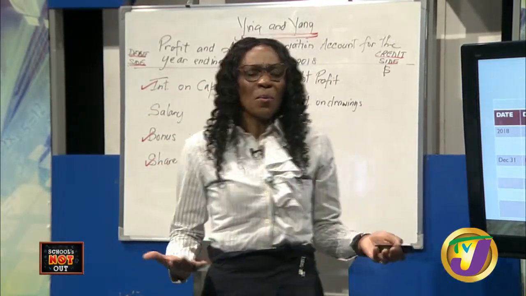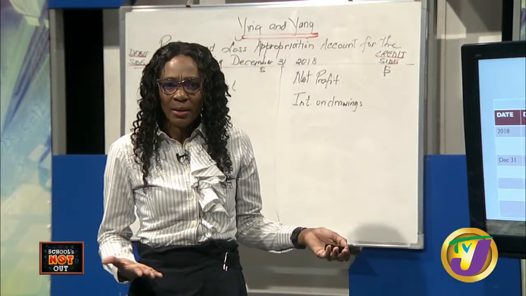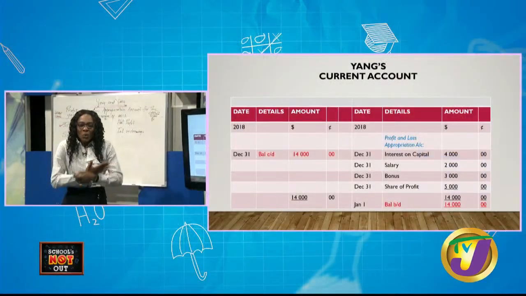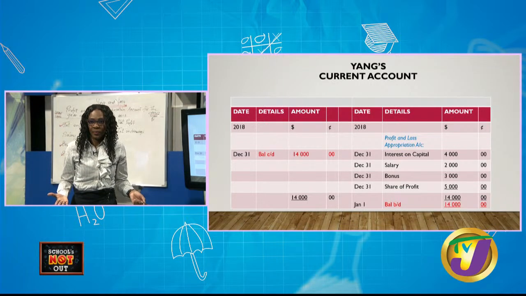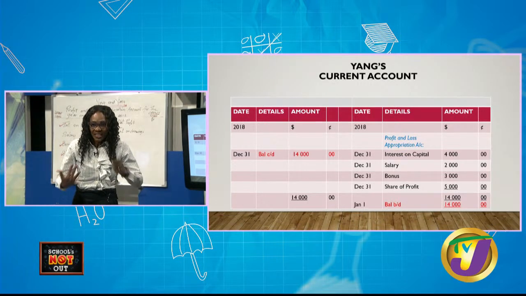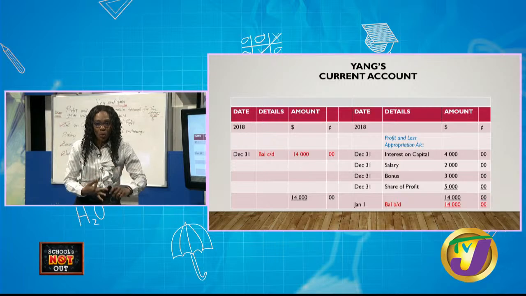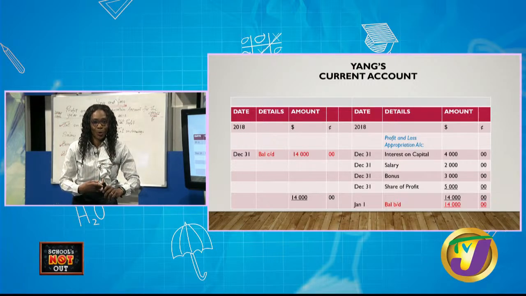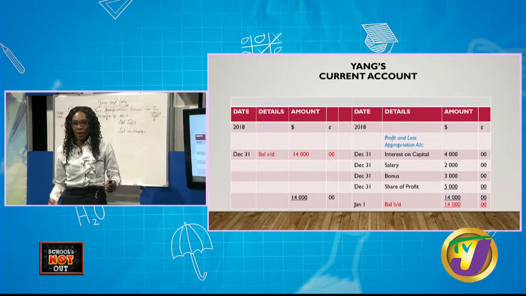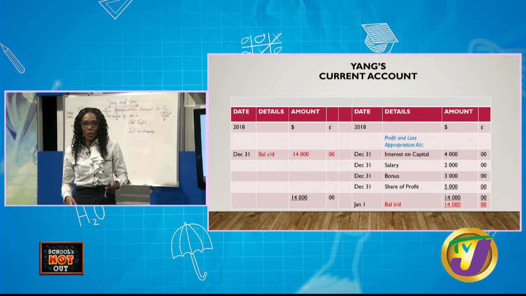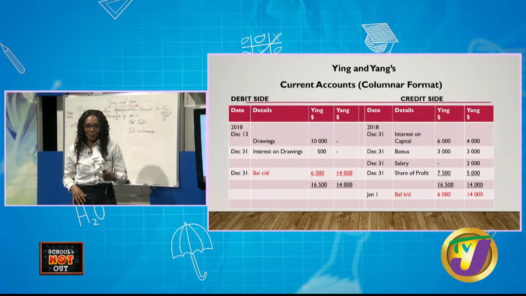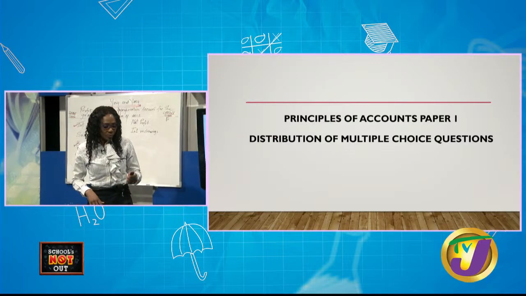Can you see it even more clearly in the case of Yang? Yang didn't take out anything. We now owe Yang his interest on capital, his salary, his bonus, and his share of profit. Good. So we owe him a total of $14,000. Beautiful.